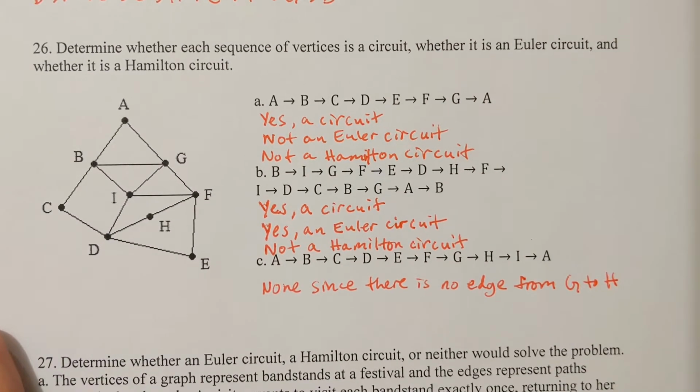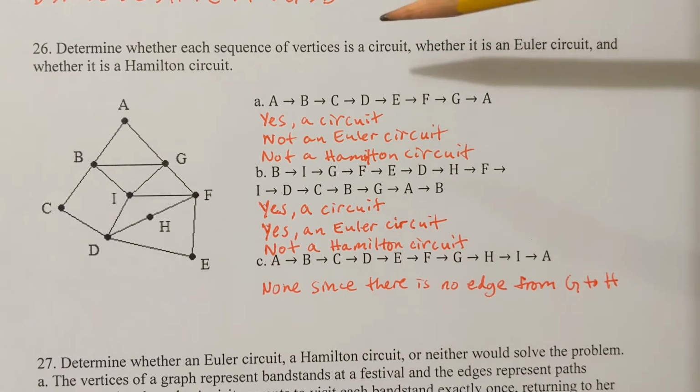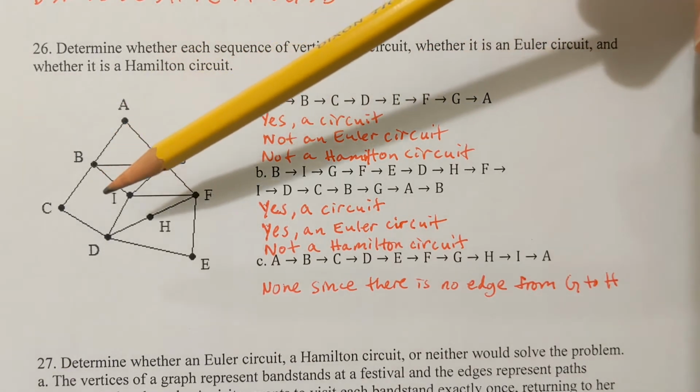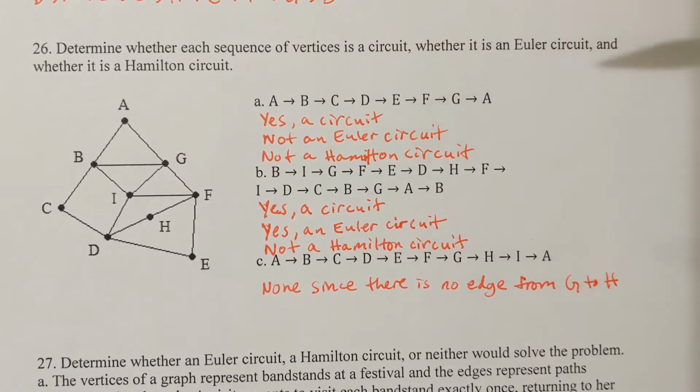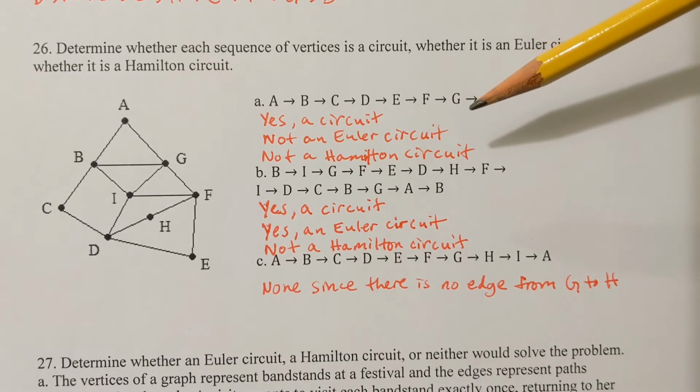Problem 26. Determine whether each sequence of vertices is a circuit, whether it is an Euler circuit, and whether it is a Hamilton circuit. Part A: if I go A to B to C to D to E to F to G to A, yes, that would be a circuit. Now, is it an Euler circuit?